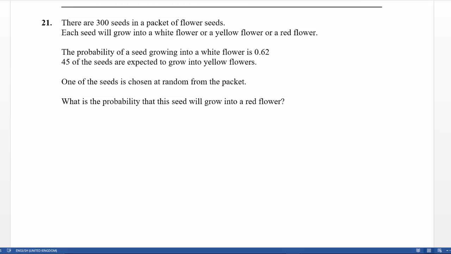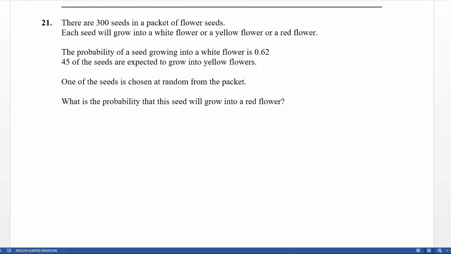Right, so we've got a probability question. There are 300 seeds in a packet of flower seeds. Each seed will grow into a white flower, or a yellow flower, or a red flower.